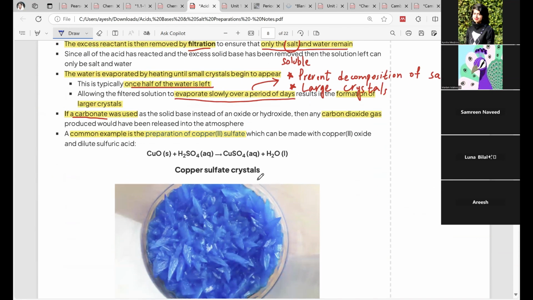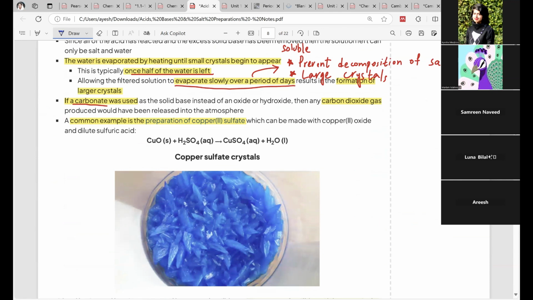One example of this type of reaction is given here, and that is when we have copper oxide in the form of solid, H2SO4 aqueous. So copper oxide, what is this? Is it acid, base, salt? It is a base, because copper oxide means it is a metal oxide. Metal, O means oxide. So metal oxide means it's a base over here.